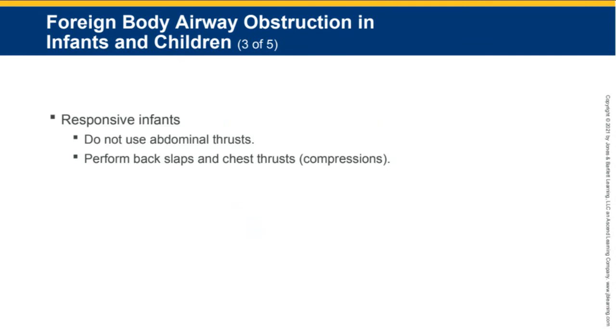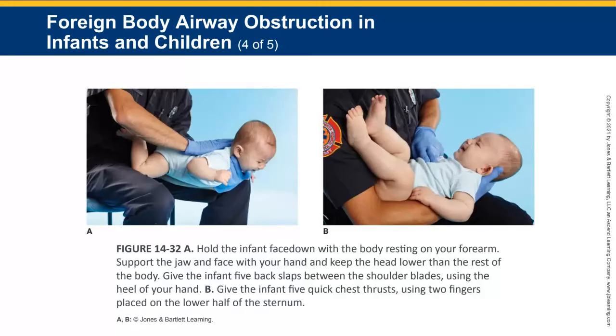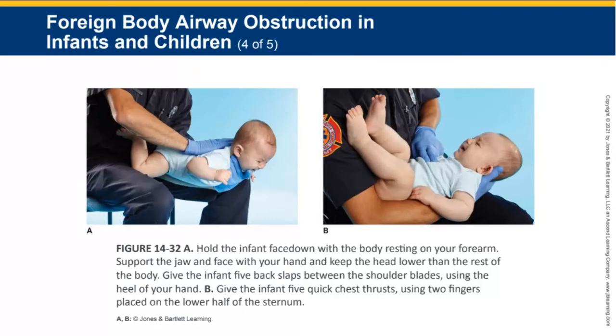Responsive infants, do not use abdominal thrusts, perform back slaps and chest thrust compressions. So hold the infant face down with the body resting on your forearm, support the jaw and face with your hand and keep the head lower than the rest of the body.